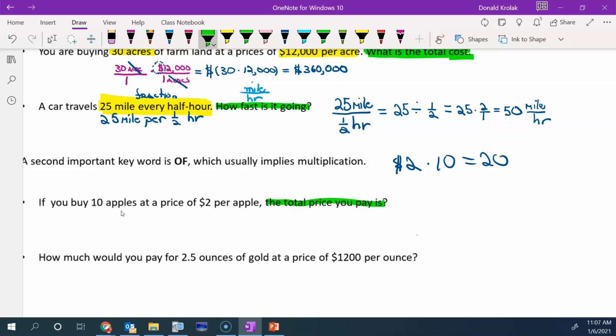Okay. Total price is money, and then I'm given 10 apples, and I'm given $2 an apple. So this gets written as a fraction.